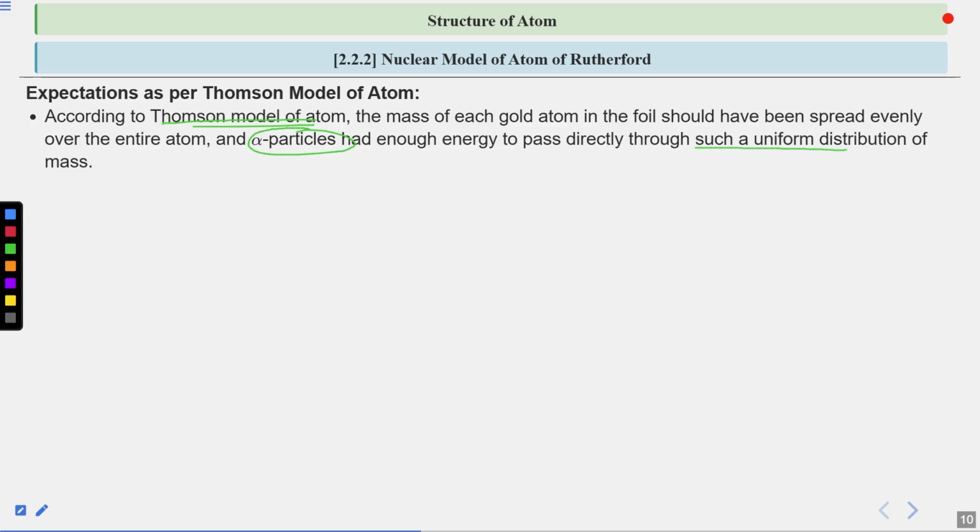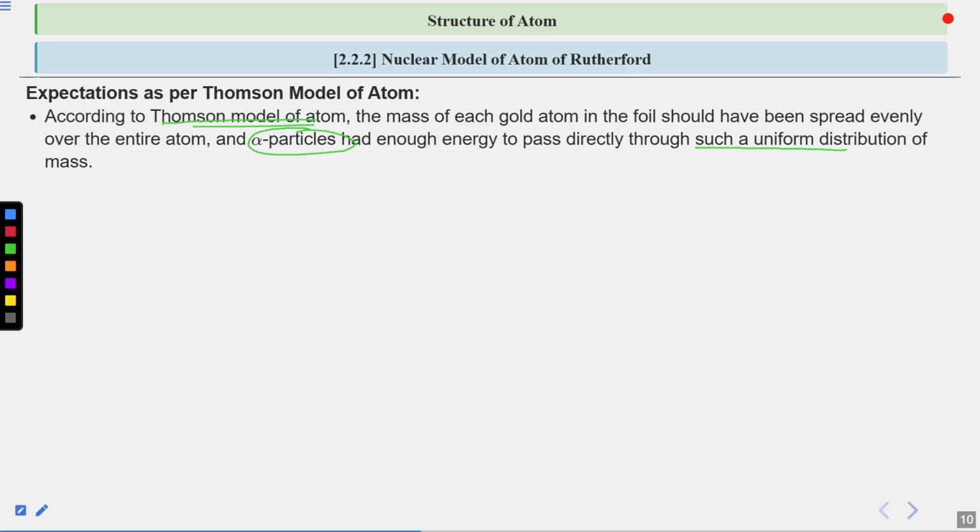So two cases are possible, right? The first case is that they would have deflected. The second case is that if the mass is distributed all over, as written in the Thomson model, then since the alpha particle has a penetrating power, it wouldn't be difficult for it to penetrate.